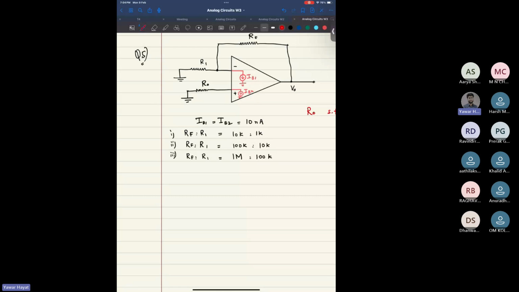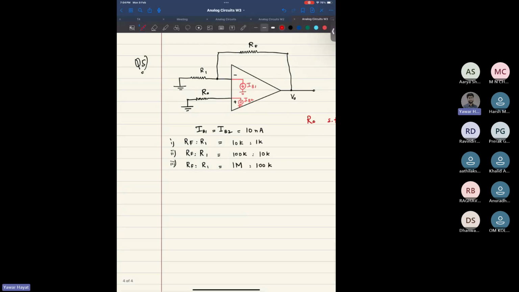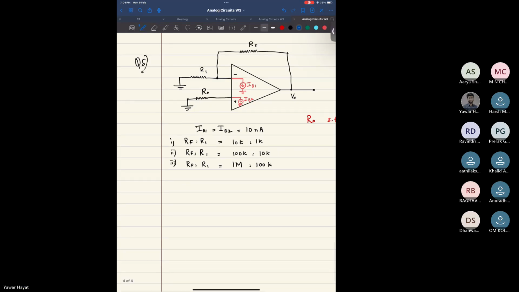Okay, how will we do that? Or how would we compute that? What is your R naught? It's R1 parallel RF, right? Your R naught is R1 parallel RF, right?